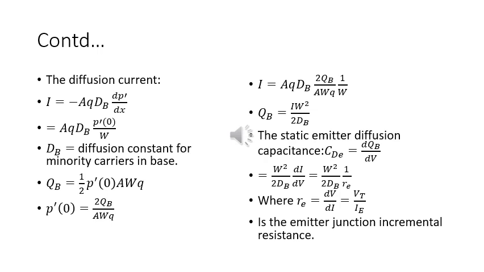The static emitter diffusion capacitance CD is equal to dQB by dV, which is equal to W square upon 2DB di upon dV, which is equal to W square upon 2DB times 1 upon Re, where Re is equal to dV upon di, which is equal to Vt upon IE. It is the emitter junction incremental resistance.